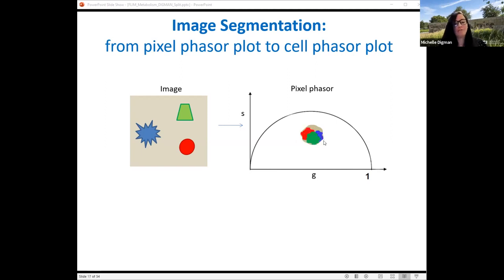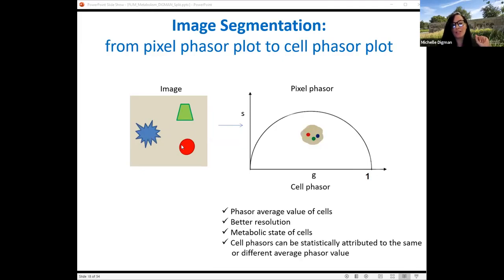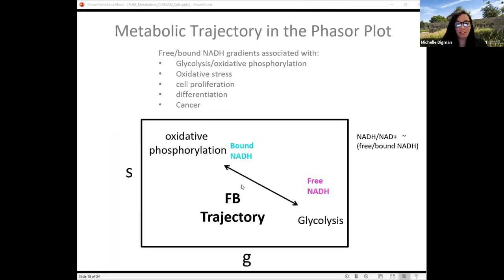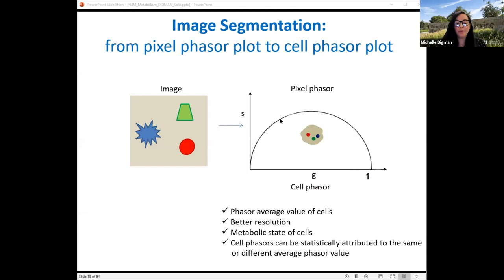But of course, if you are able to characterize the average fluorescence lifetime, or the average phasor lifetime, for each one of these individual components, we can now have a way to distinguish the degree of separation from each one of these components. They could be different cells, or they can be internal organelles, for example. So in this case, we did what is called the cell phasor distribution.